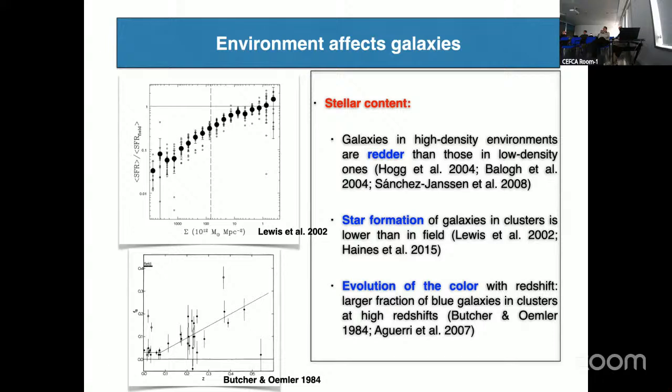Even more, there is an effect in the color of the galaxies and their evolution with redshift, the so-called Butcher-Oemler effect, in which the fraction of blue galaxies is higher in clusters at high redshift than in clusters in the nearby universe.